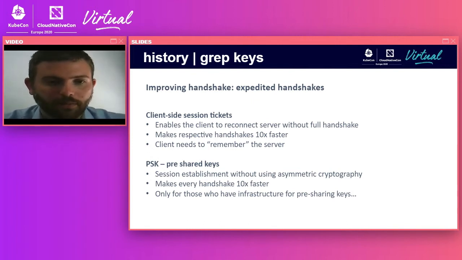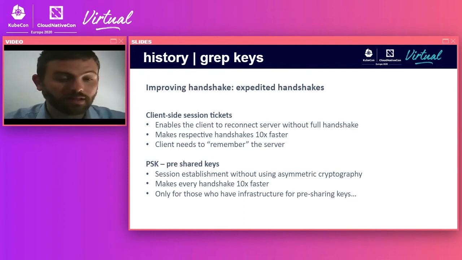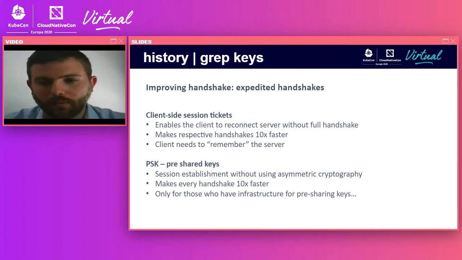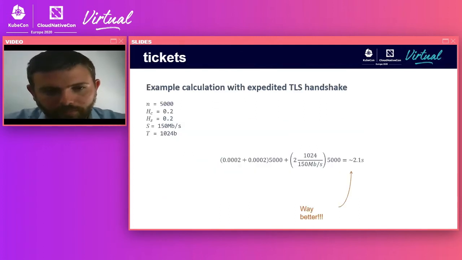It is very fast. It enables even the first connection to be done without a full key exchange. But it really has a big burden of pre-sharing symmetric keys. It's not an easy solution, so it's not really good for our cloud native environments.